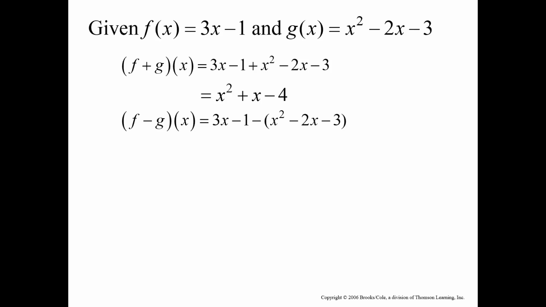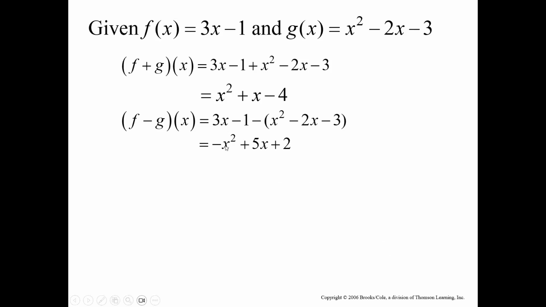And if you are asked to subtract them, then again, you do the same thing. You group like terms, and then you summarize your results. So 3x minus 2x will give you 5x. Minus 1 minus 3 will give you positive 2. And then minus x squared will give you negative x squared.